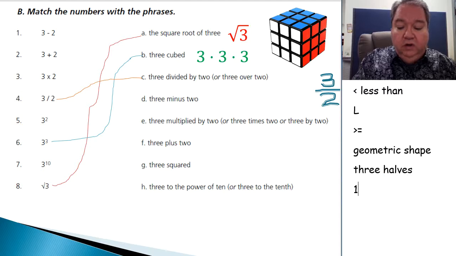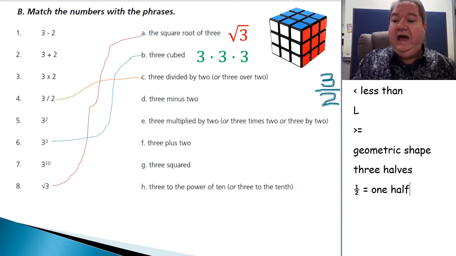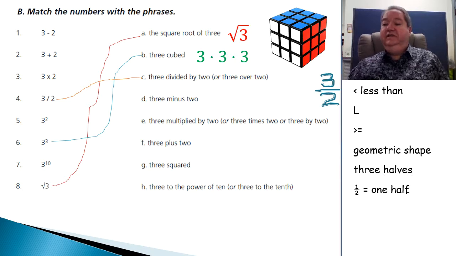If you have 1 over 2, that is equal to 1 half. Half is the singular. Halves, change the F to a V. 3 halves, that's what this would be. Or 3 over 2, 3 divided by 2.